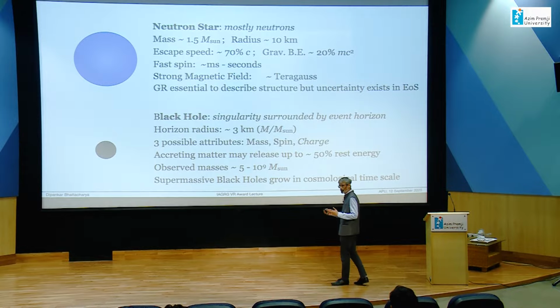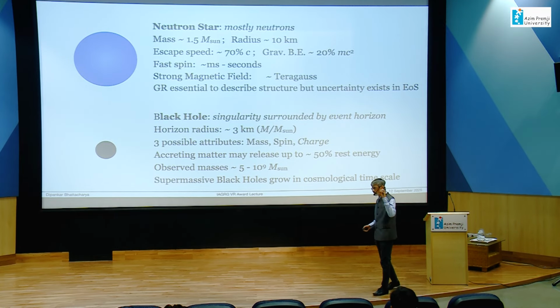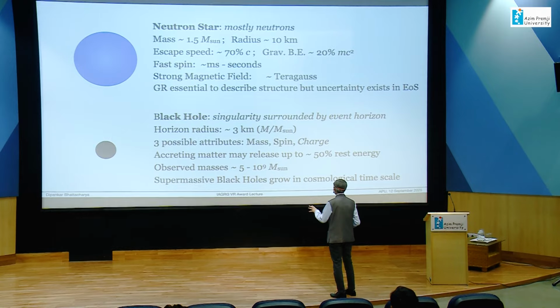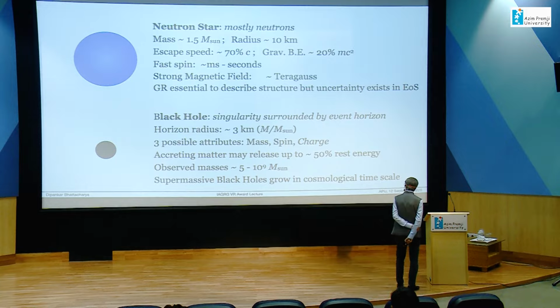So there are two types of black holes that we'll be talking about. One is the stellar mass black holes, which are produced in these supernova events, and the others which grow over cosmological time scale and are found at the centers of galaxies.